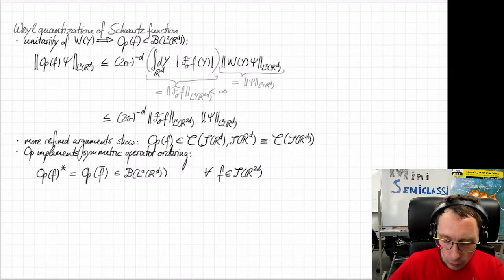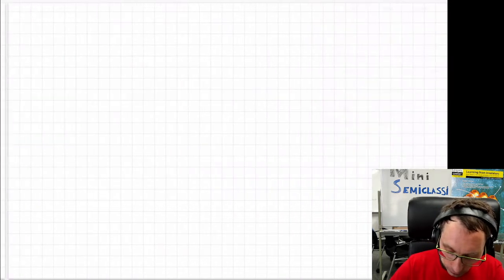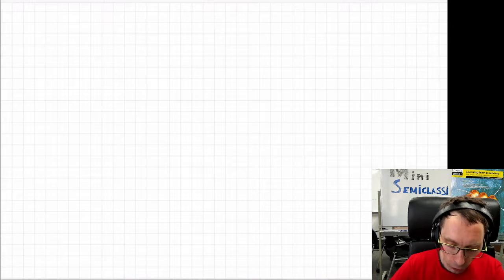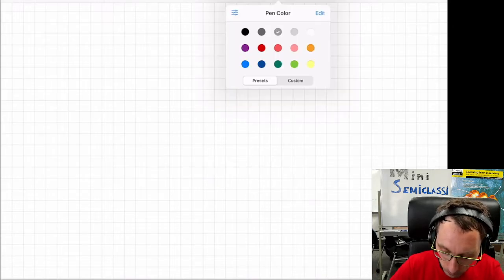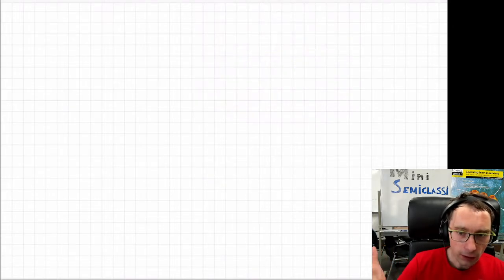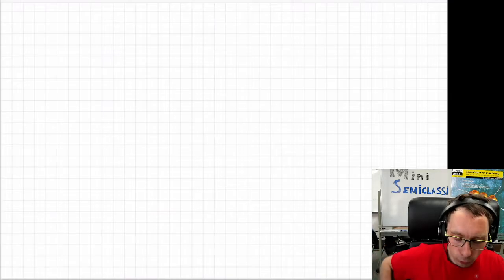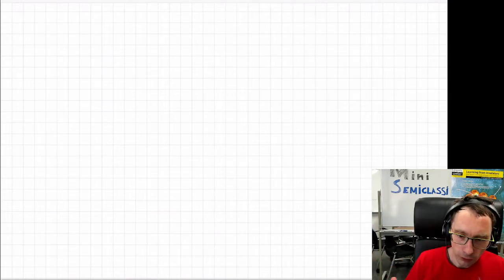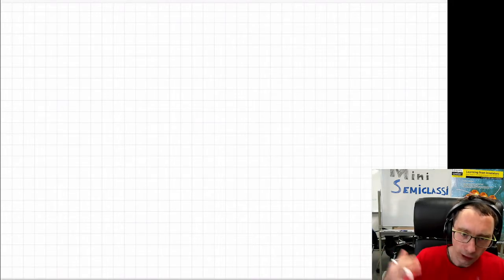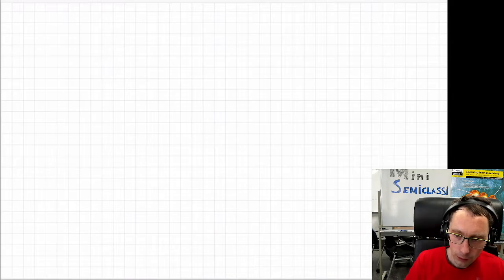So what do we have to do now still? Well, we have to extend the definition to broader classes of functions. And here the approach is to extend by duality. So what you do is you first extend Weyl quantization to tempered distributions.